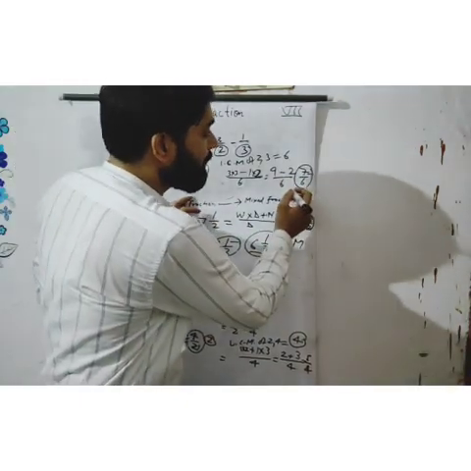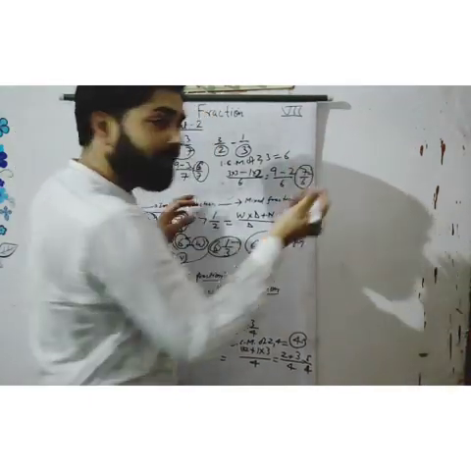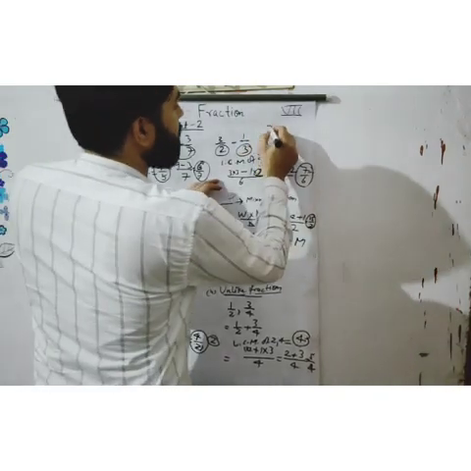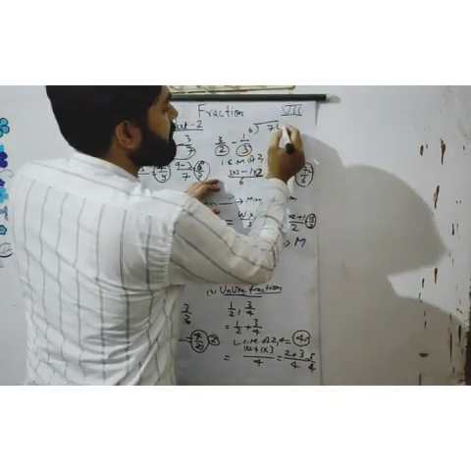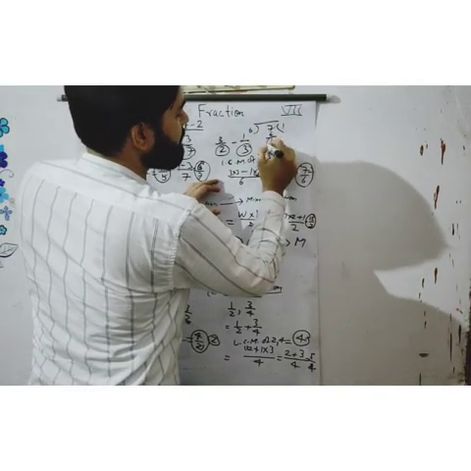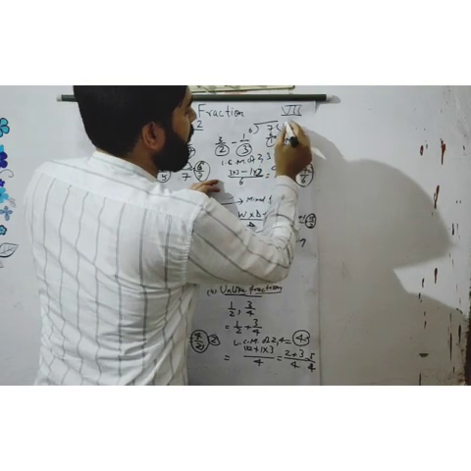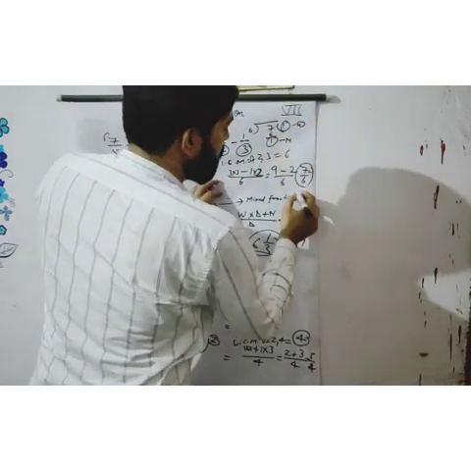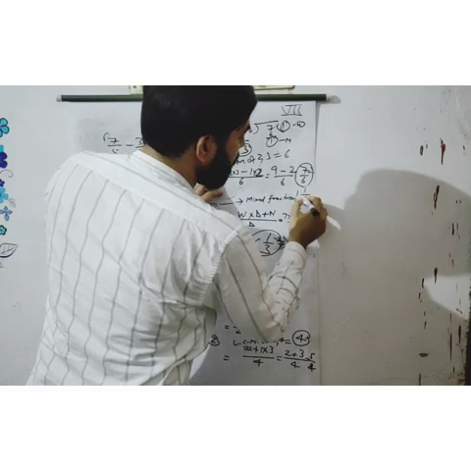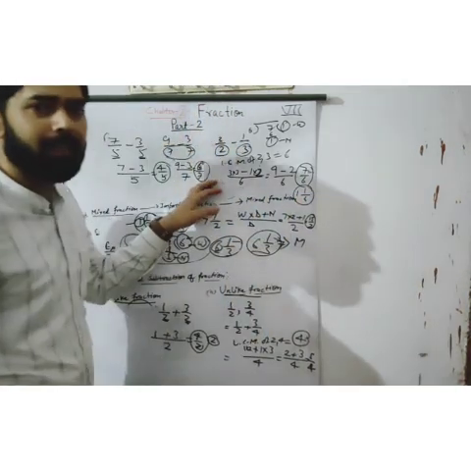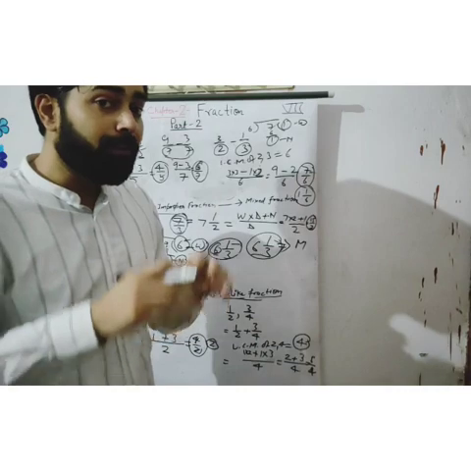So we convert it into a mixed fraction. 7 divided by 6: 6 1s are 6, and the remainder 1 is the numerator and this 1 is the whole number. So 1 and 1 upon 6 is the answer.